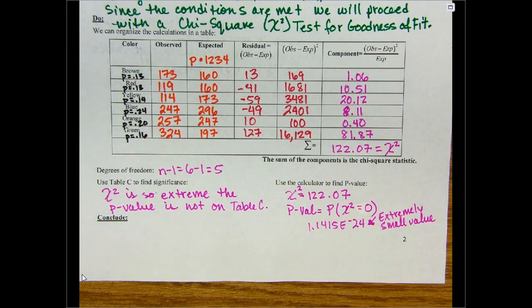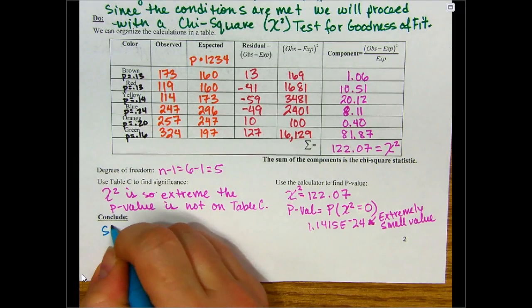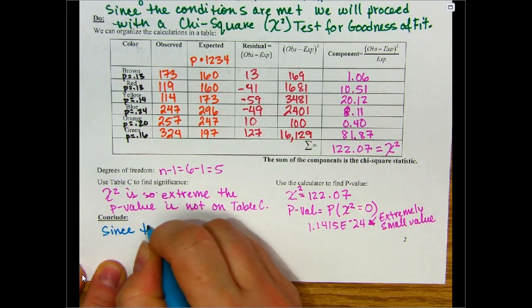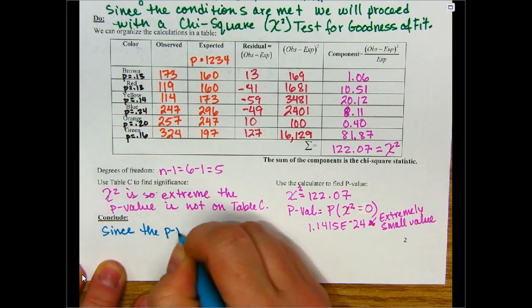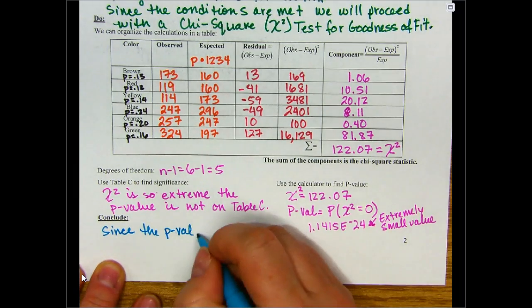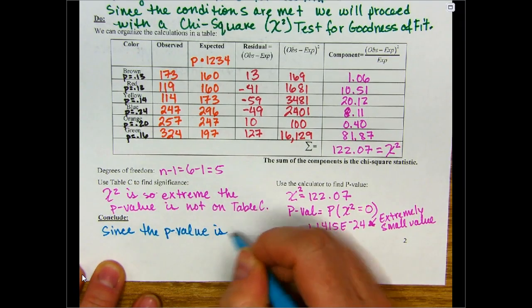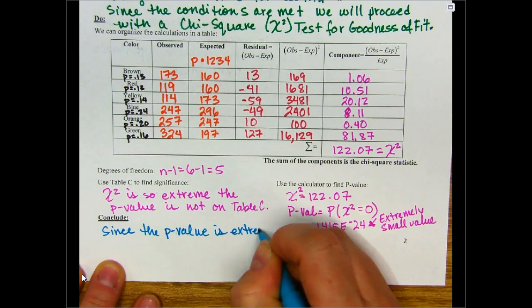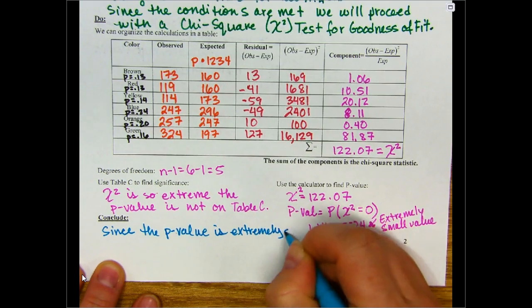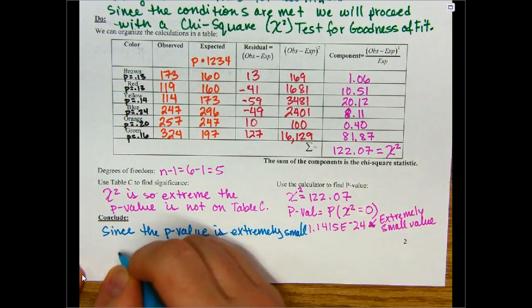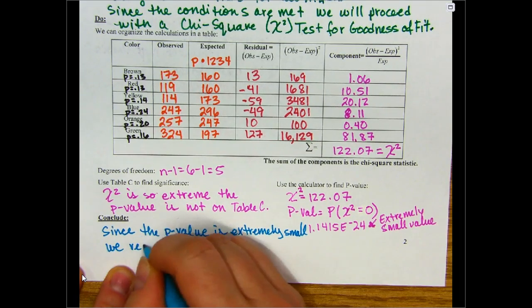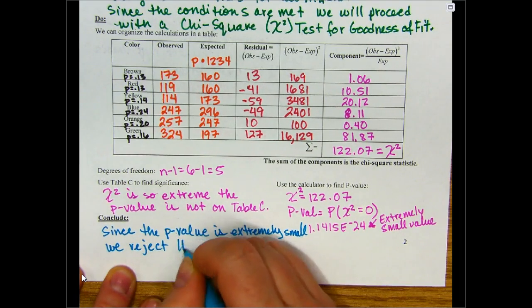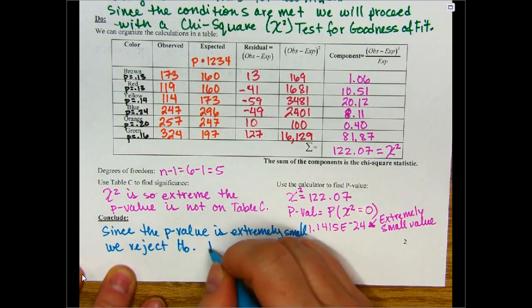All right. Last thing, we're going to conclude. Since the p-value is extremely small, we reject H0, the null hypothesis.